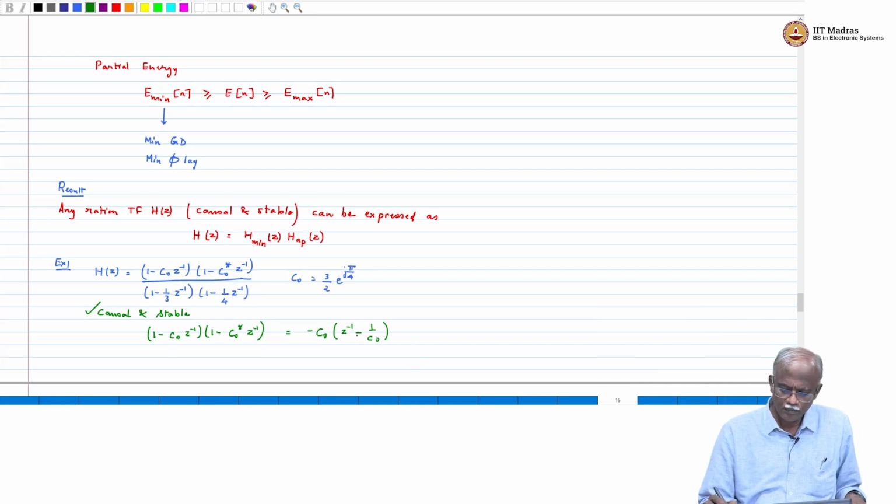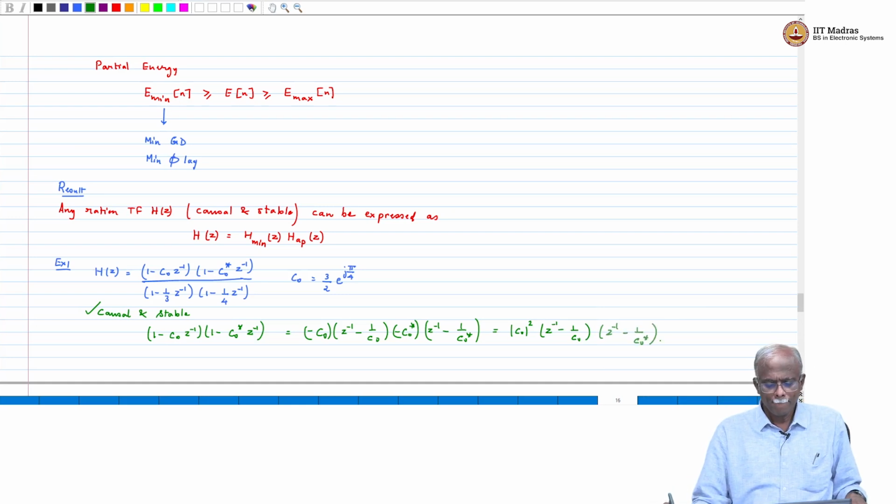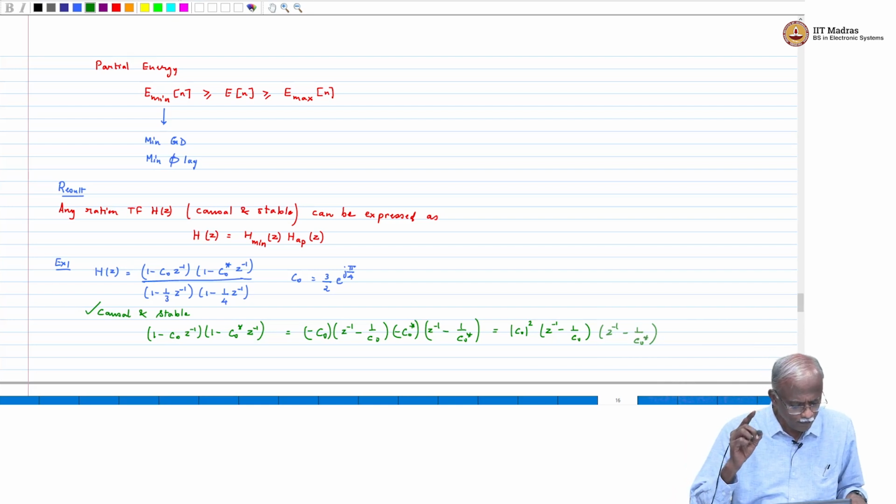I hope you are able to see that. Then you factor out minus C naught conjugate, then the second term becomes Z inverse minus 1 by C naught conjugate. Okay, so this becomes magnitude C naught squared, Z inverse minus 1 by C naught, Z inverse minus 1 by C naught conjugate. Very important. So basically this is what we have been able to write down.